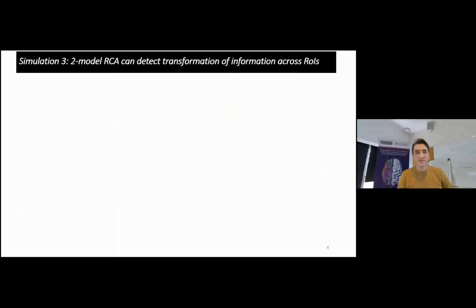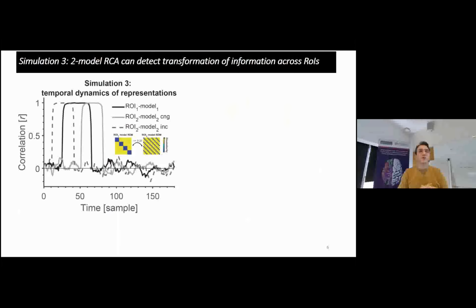So in the third simulation, we tried to simulate a situation where information appears in the first region and is sent to another region. Although the two regions are representing two different aspects of information, we believe that information should go from the first region to the second region and transform on the way to the destination. So we wanted to know if two model RCA allows us to pick up that kind of transformation of information.